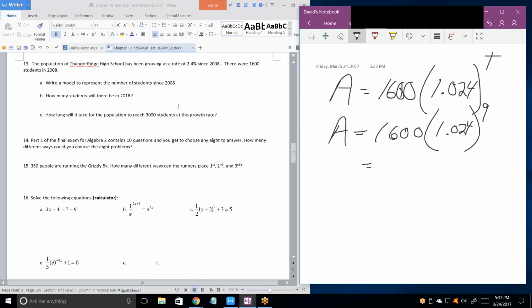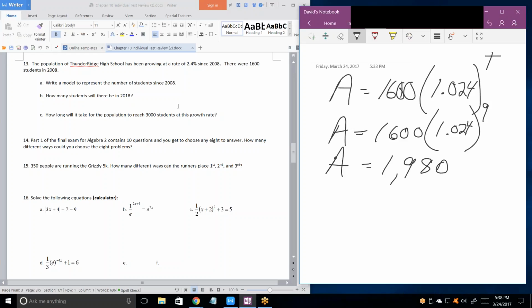So what number did you get? 1,980. And that, again, makes sense. That, to me, is a ballpark number. One of the secrets in math is to make sure you know what a ballpark number is. You know it can't be less than 1,600, because it's growing.